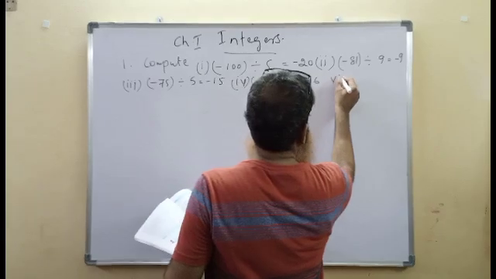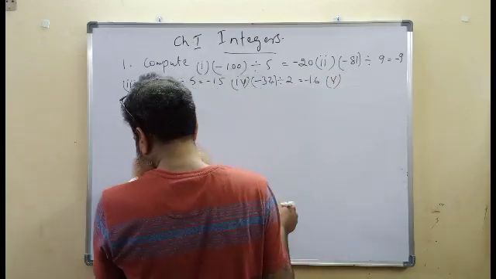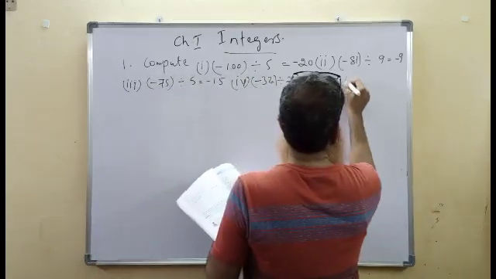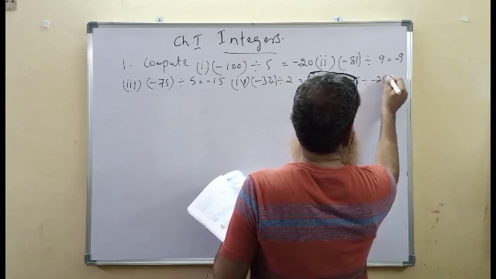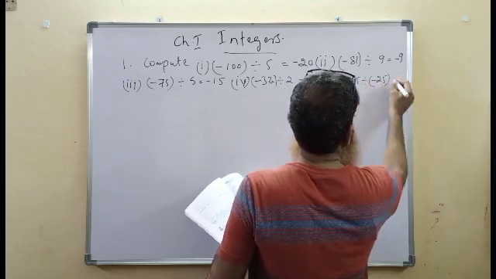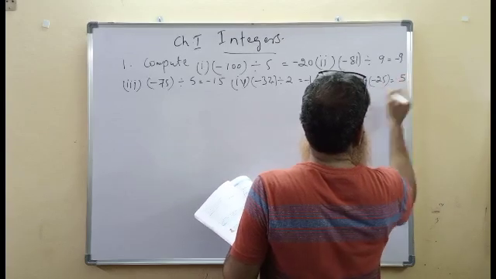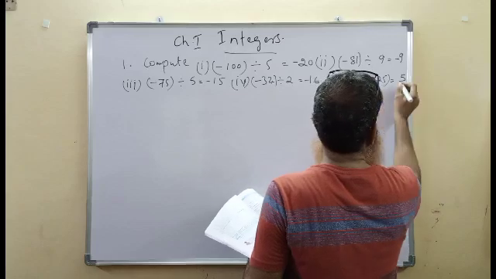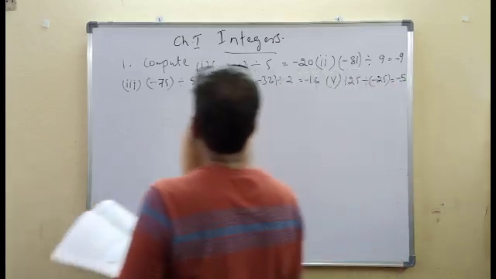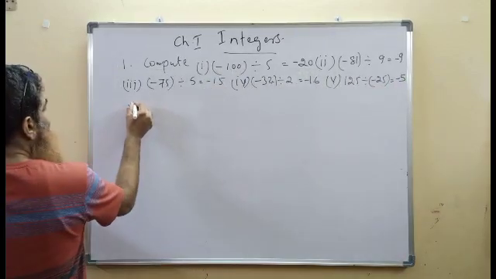The fifth bit, 125 divided by minus 25. 25 5 times is 125, and this 25 with which we are dividing is a negative integer, so the resultant will also be a negative integer, obviously.